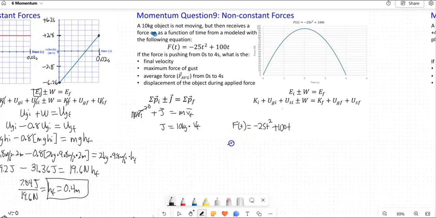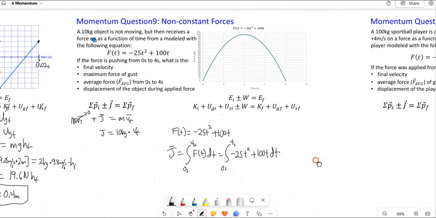Now, to get impulse, we're going to have to integrate that function with respect to time from 0 seconds to 4 seconds, okay? We have to do it this way. I do not know any other way to do this problem. You have to use calculus to do it, okay? So this function that we have, 0 to 4 seconds, which is going to be the integral of negative 25 t squared plus 100 t dt. All right?